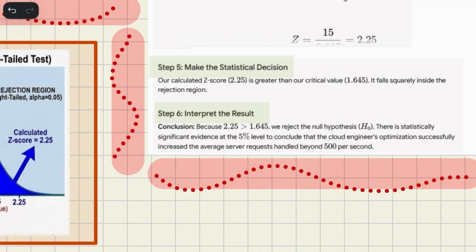So it's as simple as that. You state the hypothesis, extract the variables, find the boundary, run the formula and make your verdict. So here we rejected the null hypothesis and proved that the alternative hypothesis is true.